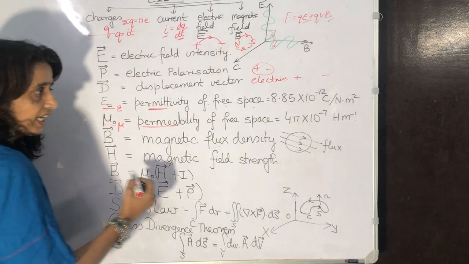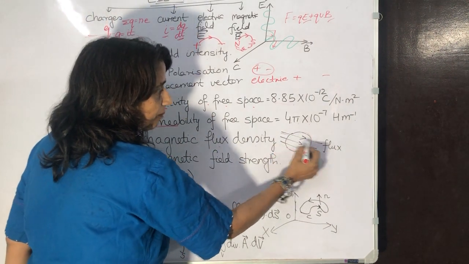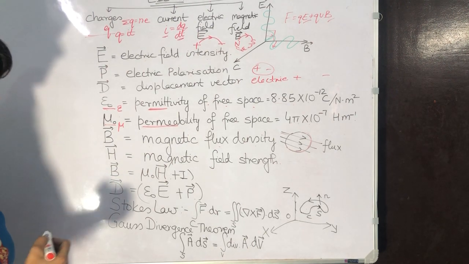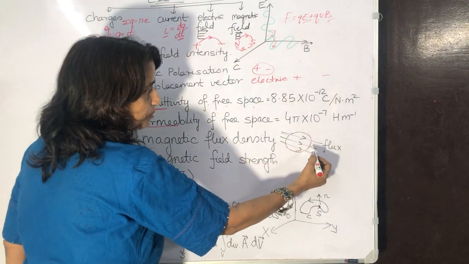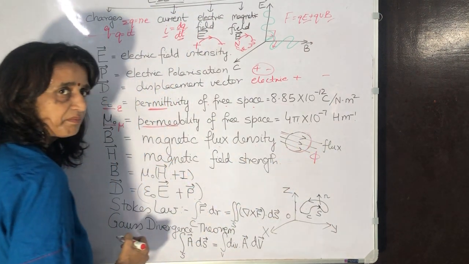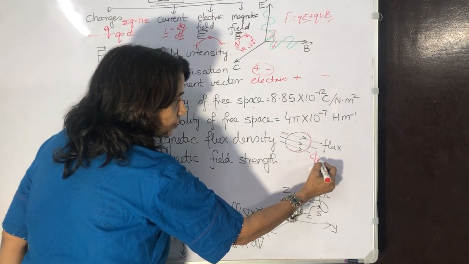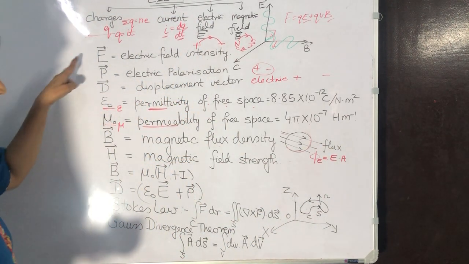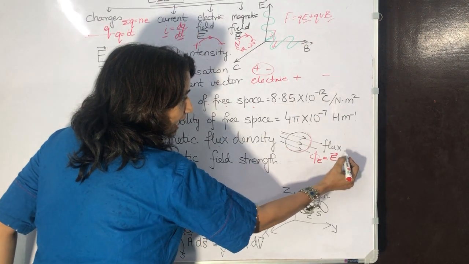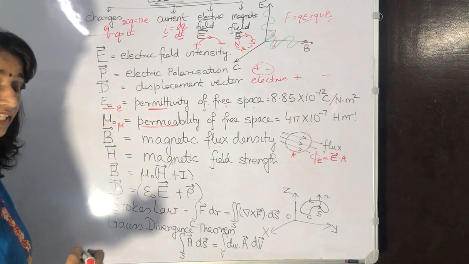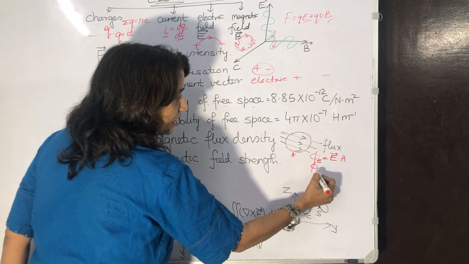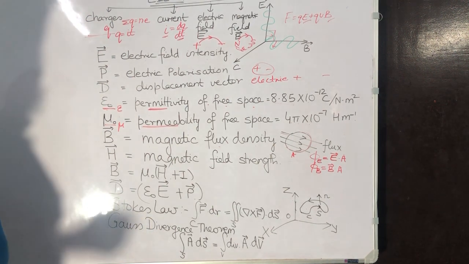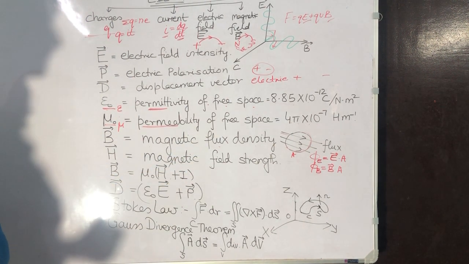What is flux? For an open surface, the number of lines passing through the surface is known as flux, and this flux keeps varying. So if I say this is the symbol for flux, then for the electric field it will be E dot A, where E is electric field intensity and A is the area of the surface. Similarly, flux for the magnetic field will be B dot A, where B is magnetic flux density and A is area.